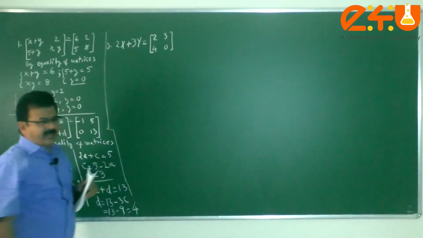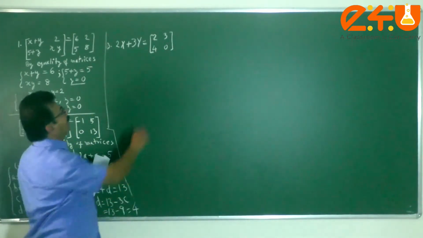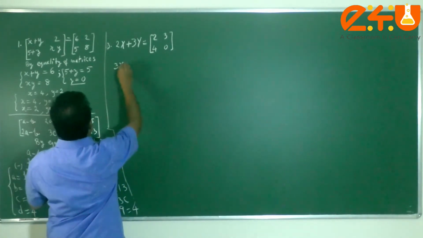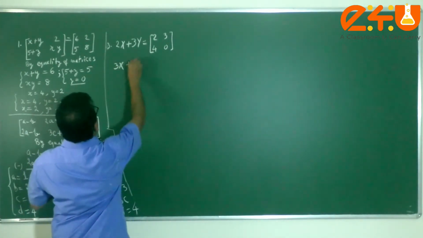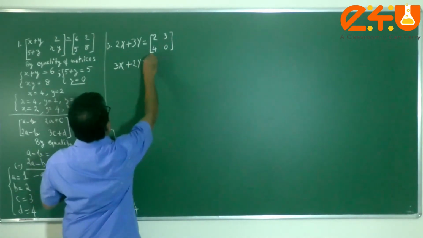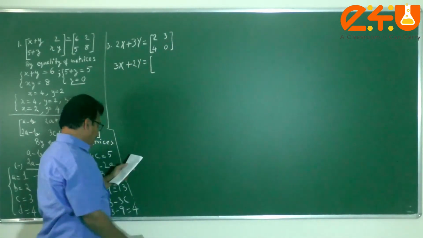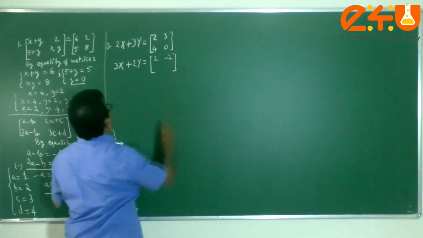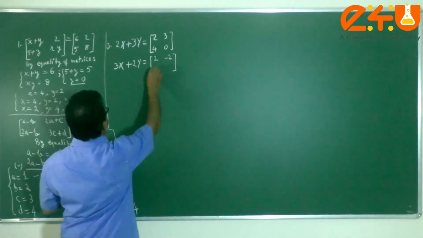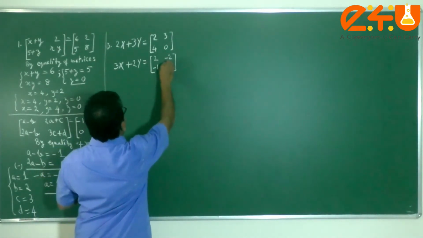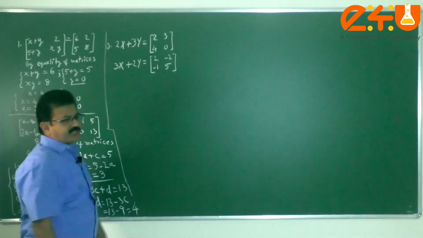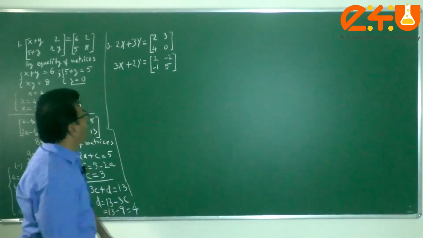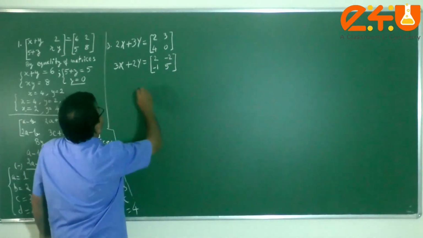One more equation, 3X plus 2Y, and the RHS has first row 2 and minus 2, second row minus 1 and 5. Let us see how both matrices X and Y can be solved.